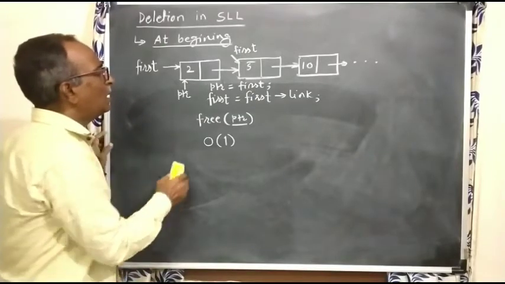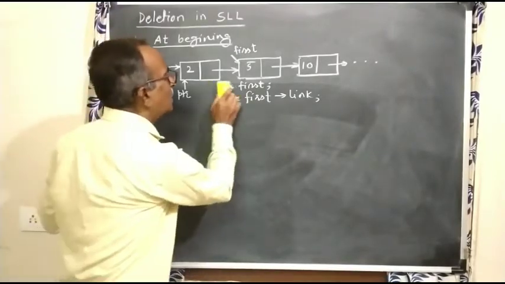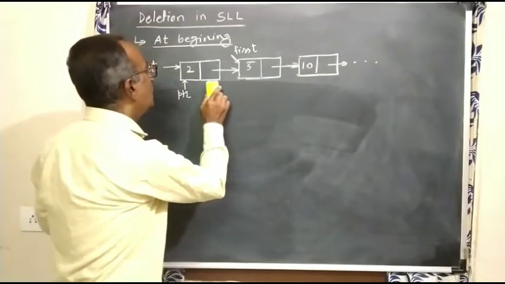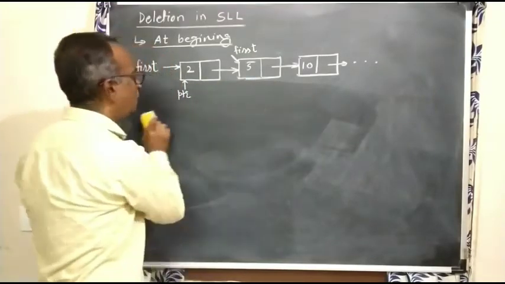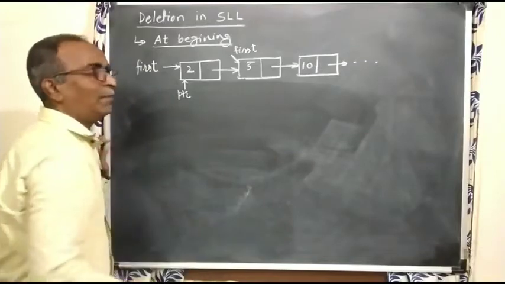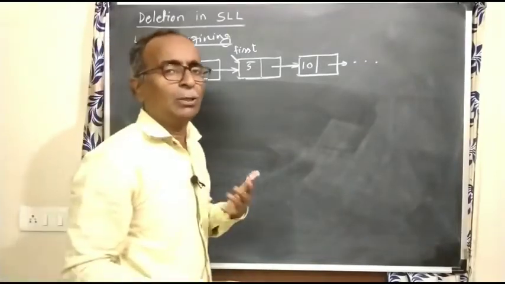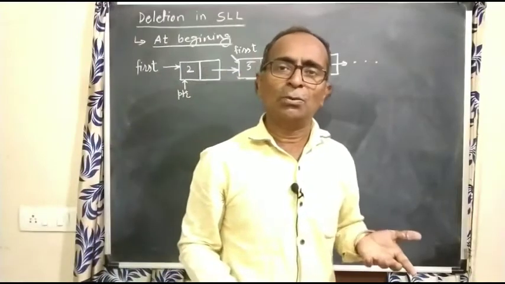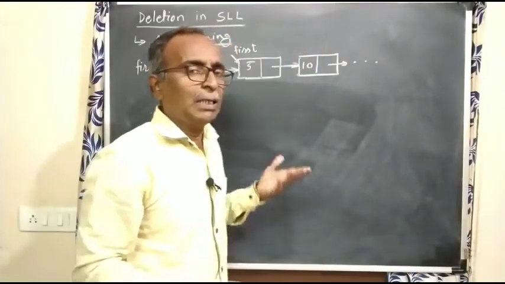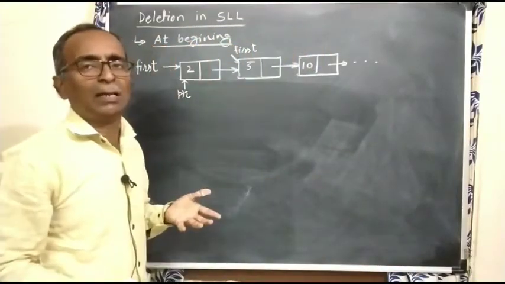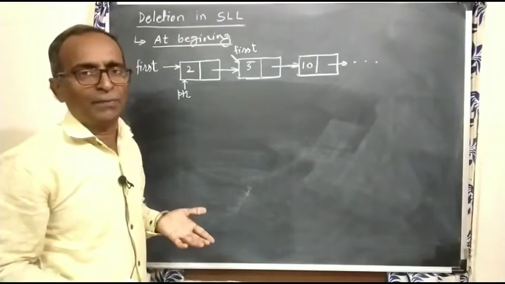Now what special cases we have to check in this? When you are writing a function for deletion at beginning, if linked list is empty, what to do? Can you delete a node from empty linked list? No, right? So we can say that if first is null, then we cannot delete.